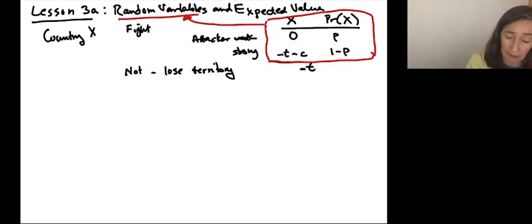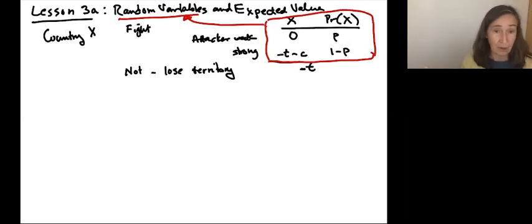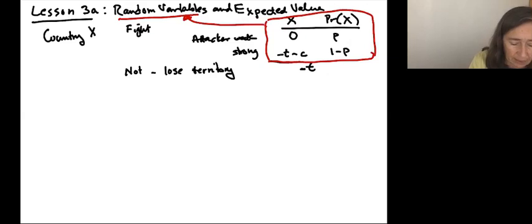Okay, so we want to know what should country X do, and the way we would conventionally understand that situation is we would calculate the expected value of this random variable and compare it to the certain payoff of not fighting. Okay, so let's just go through that exercise.